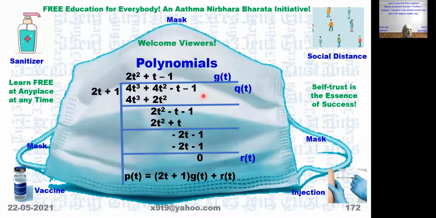Or 2t plus 1 is a multiple of 4t cube plus 4t square minus t minus 1. Similarly, 2t square plus t minus 1 is a multiple of 4t cube plus 4t square minus t minus 1.